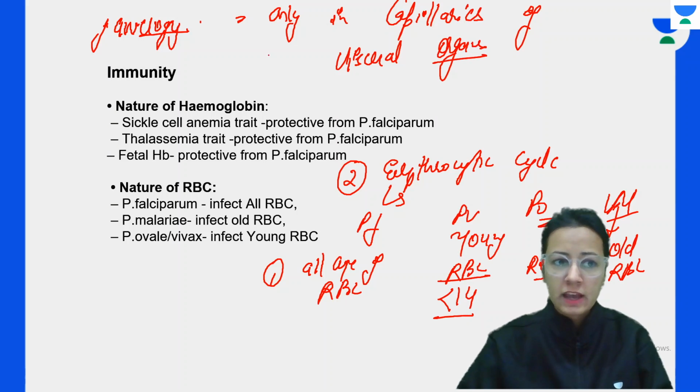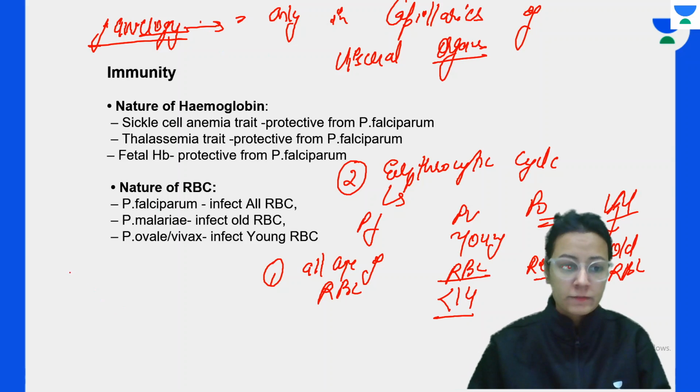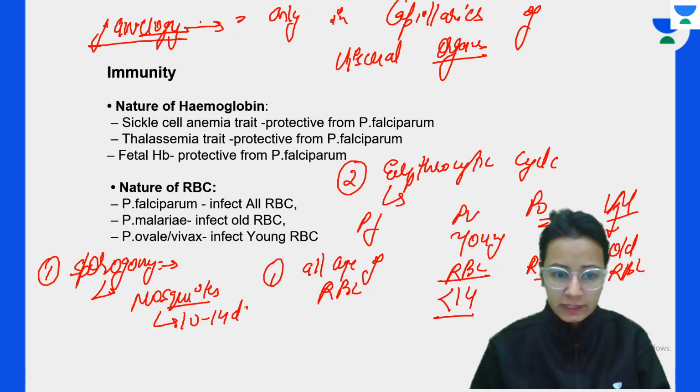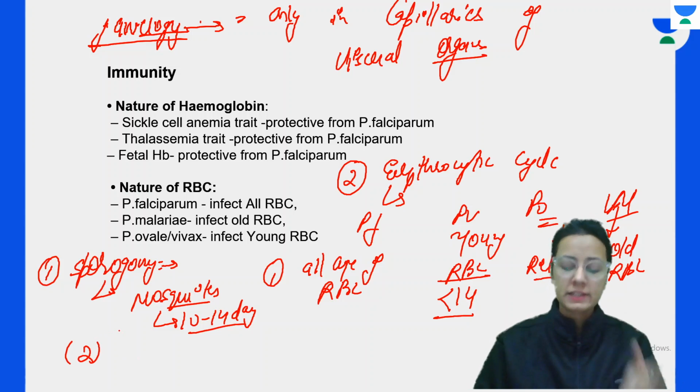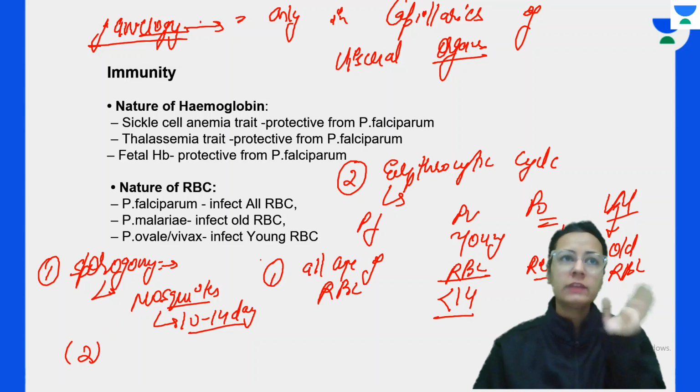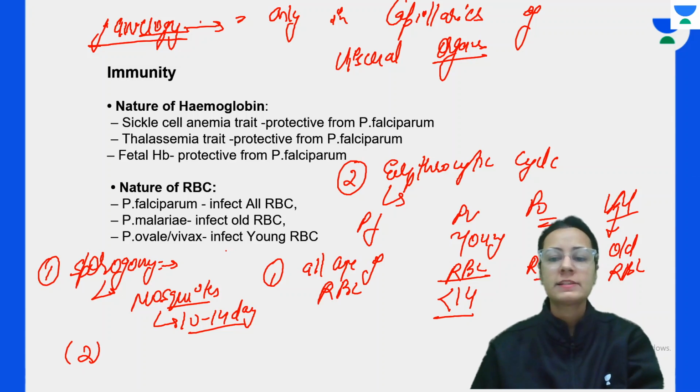Then we talked about sporogony, where it infects the mosquitoes, and it is around 10 to 14 days in duration. Then we have the secondary exoerythrocytic cycle, the relapse or reactivation of the hypnozoites, which is only seen in vivax and ovale, not in falciparum or malariae.